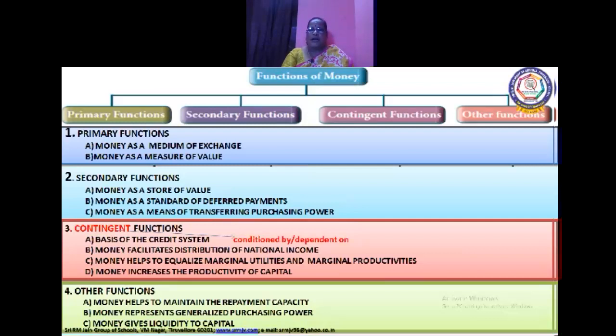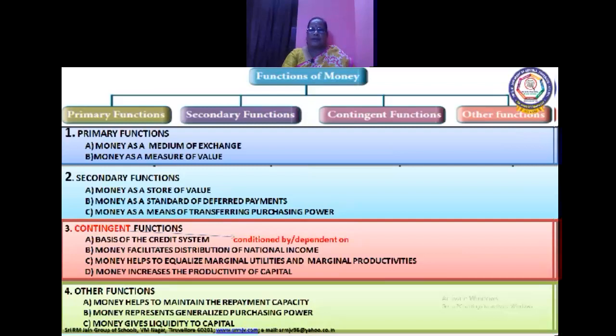Number four, other functions. Under primary functions, there are two divisions. Under secondary functions, there are three divisions. Under contingent functions, there are four divisions, and under other functions, there are three divisions.